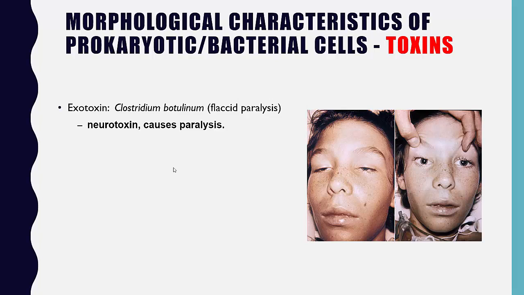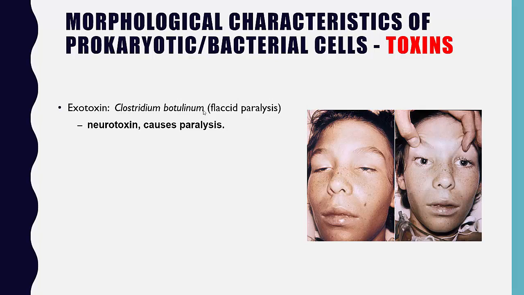This one comes from botulism, or the organism's name is actually Clostridium botulinum. Now, when you have a patient that has classic symptoms of botulism, there's kind of that intoxication, the signs and symptoms. You get this flaccid paralysis, meaning the peripheral nervous system is not working.